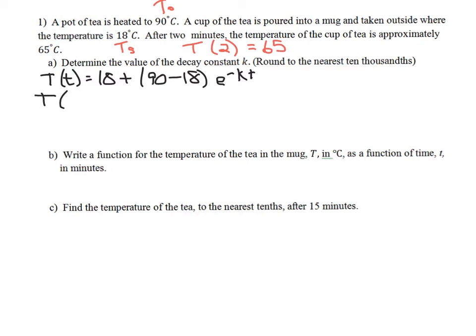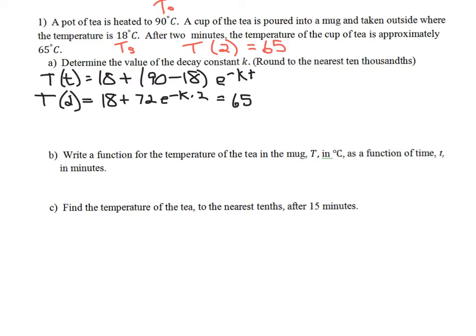We know that T of 2 is equal to 18 plus, let's subtract 90 minus 18, which gives me 72, e to the negative k multiplied by the time it took to get to the temperature of 65 degrees. That was 2 minutes.